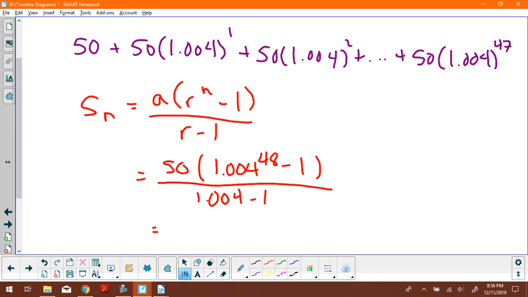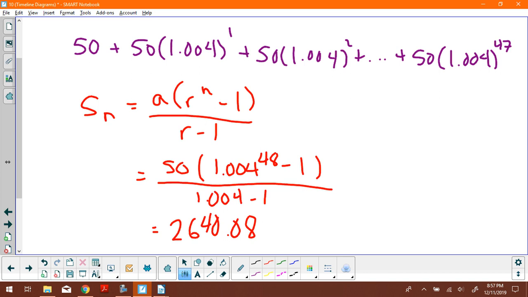Now it's just a matter of running this through our calculator. So we got $2,640.08.